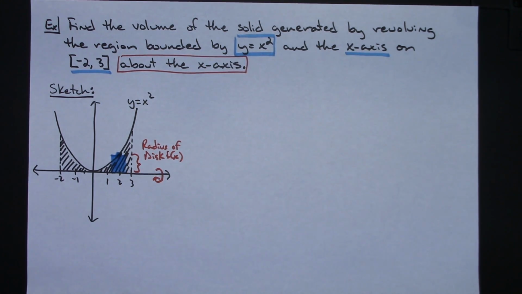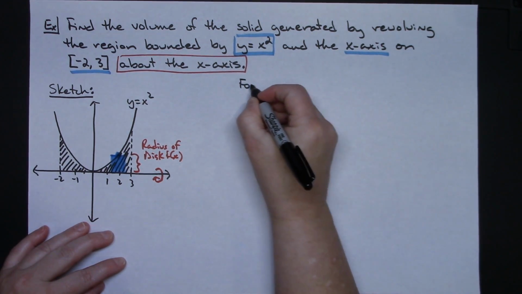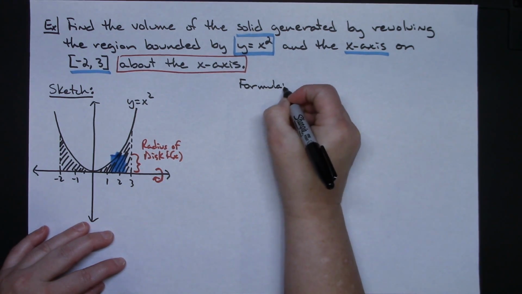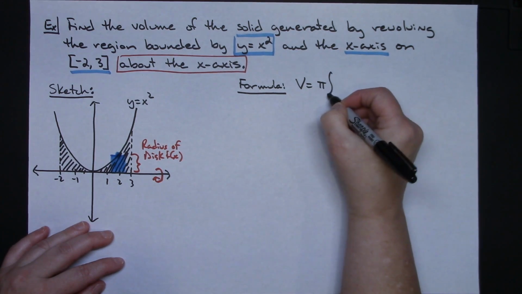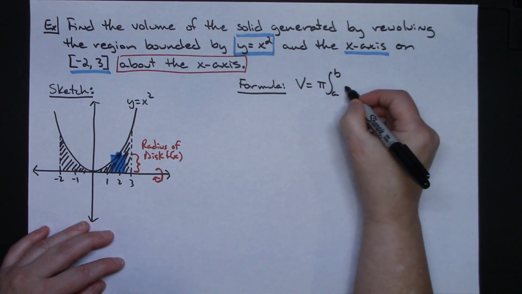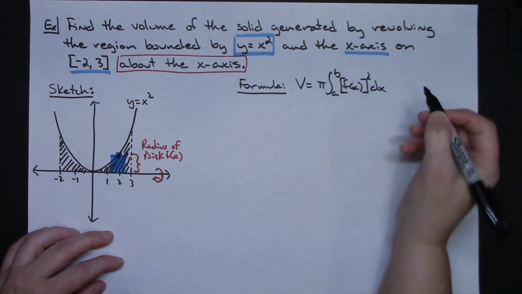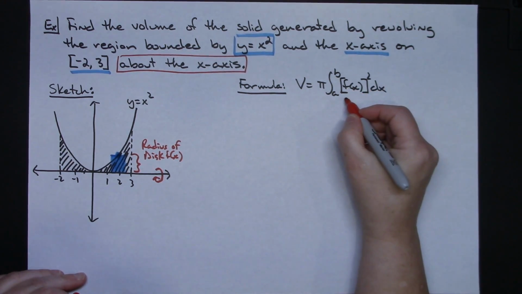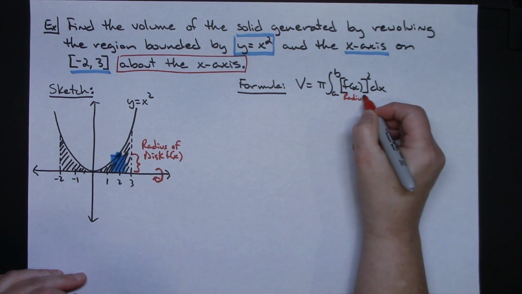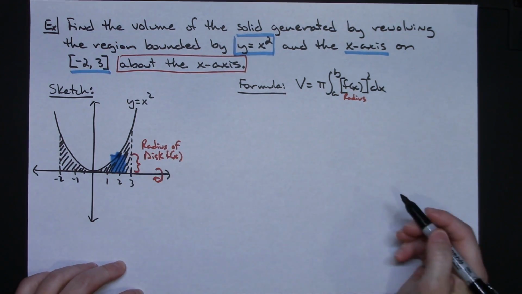Now let's set up our definite integral using our formula. The first thing I'm going to do is write down the formula from the other page. It was V equals pi times the integral from a to b of f of x squared dx. If you want to think of f of x as the radius, you can do that: the radius squared, the distance from the x-axis up to f of x.